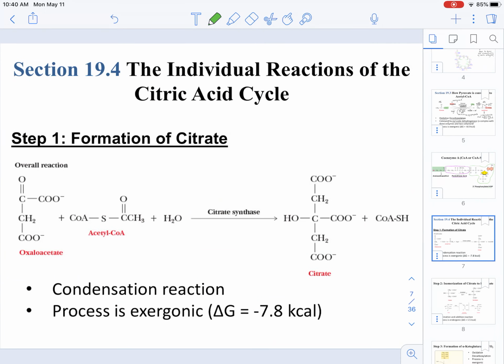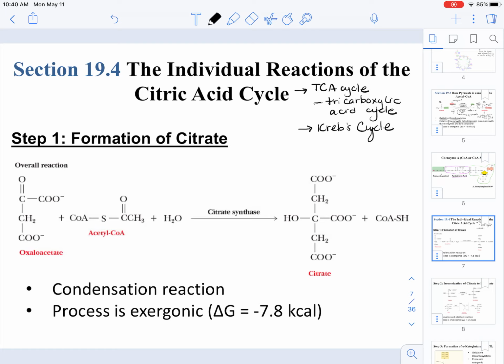When I discuss the TCA cycle or the citric acid cycle, and for those of you that couldn't catch the names, the citric acid cycle is also known as the TCA cycle because of the tricarboxylic acid that is made actually in step 1. It is also known as the Krebs cycle.